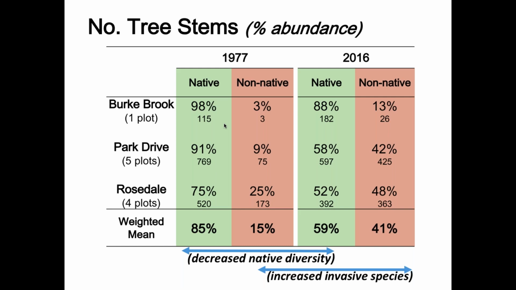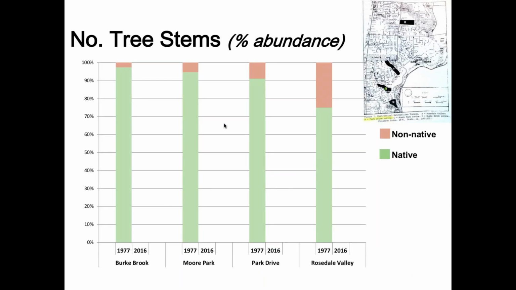So in terms of abundance, percent abundance and number of stems, it's even more apparent than it was with just presence absence. And this is just to show that when we broke out those plots or the different ravine sites in percentage abundance, as we said in 77, each of these ravines are slightly different. And Rosedale, the one on the right here, is the one down at the bottom.